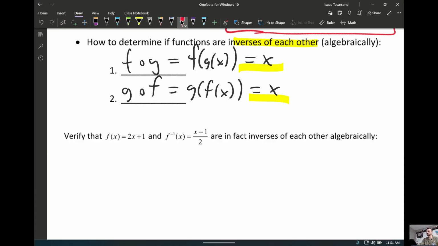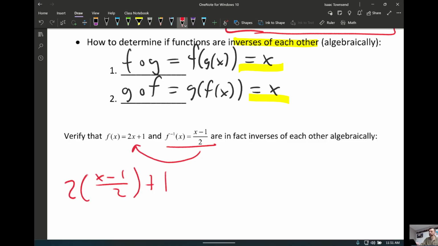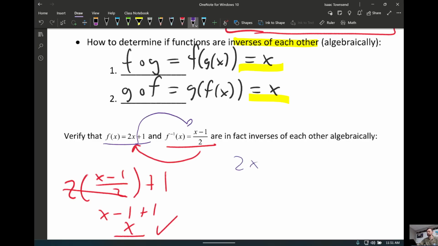You would have to show taking this guy and plugging it in here, and then after a step or two, it simplifies to x. And you have to show the other direction as well. If you plug this one into that one, plus 1 minus 1 cancels, times 2 divided by 2 cancels.